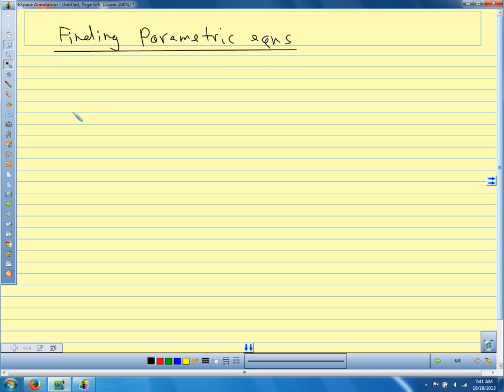So we'll start off with an easy example. y equals 1 minus x squared. And usually for these kinds of problems, you will be given the parameter. They'll say parameterize it in terms of such and such. So we want to find a set of parametric equations. We're going to talk about two different parameters.